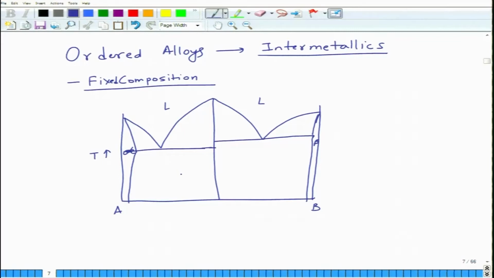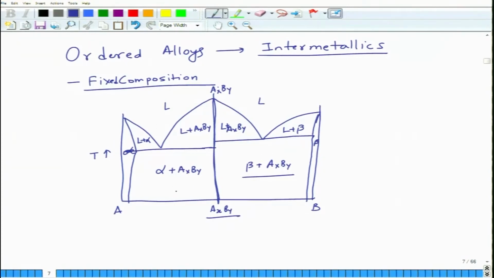The temperatures may vary. So, this is liquid plus alpha. This is a compound, let us say AB compound or AXBY compound, which is an intermetallic compound. So, this is liquid plus AXBY, this is again liquid plus AXBY, and this is liquid plus beta. On this side you have alpha plus AXBY, here you have beta plus AXBY.